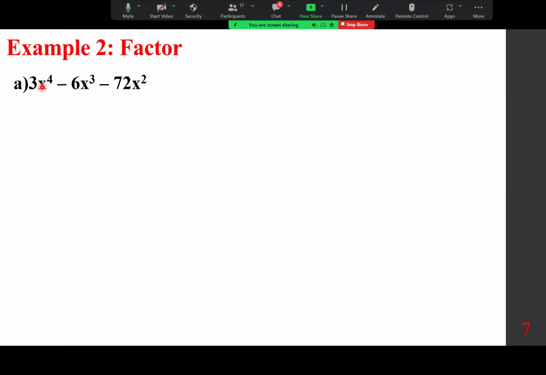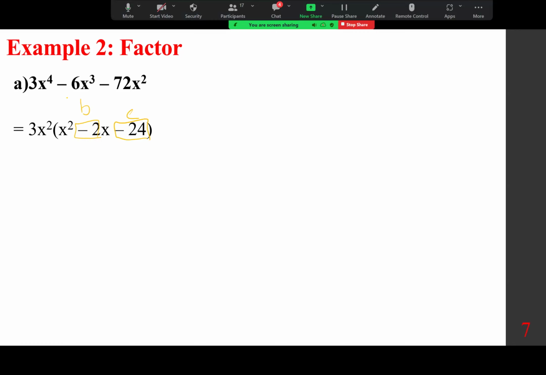This gives me x squared, this one gives me minus 2x minus 24. Here's the C. I want two numbers. When I multiply them, I get C, which is negative 24. When I add them up, I get B, which is negative 2.